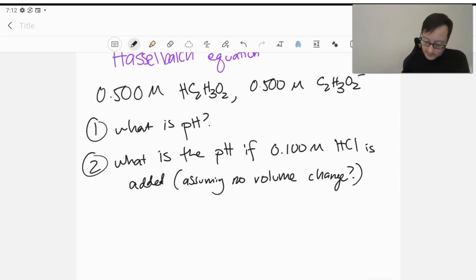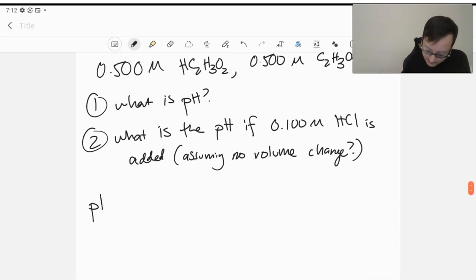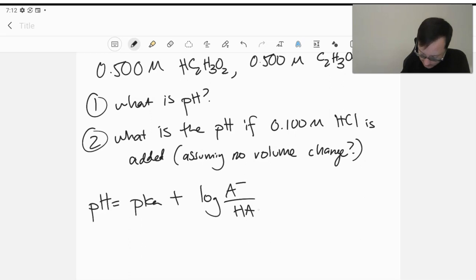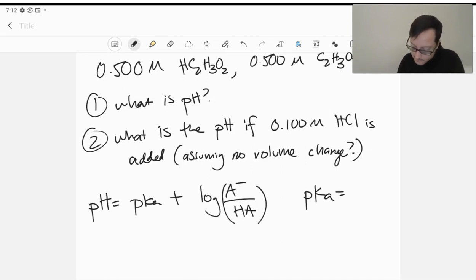And so we'll see that the pH is equal to the pKa plus the log of A minus over HA. So in this case, instead of A minus, we have acetate, and instead of HA, we have acetic acid. But we can figure this out. The pKa of acetic acid is 4.74.